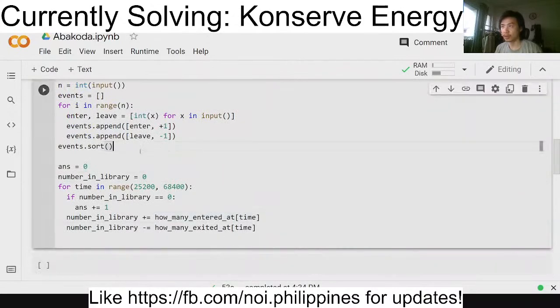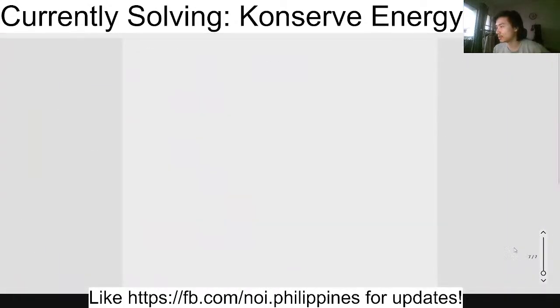Okay, let's change the problem a little bit, so that instead of having times from 25,000 to 68,000, we go back to the earlier problem where time is between like 20,000 and 60,000, 70,000.